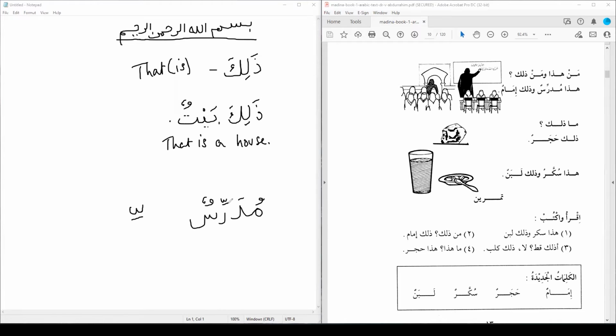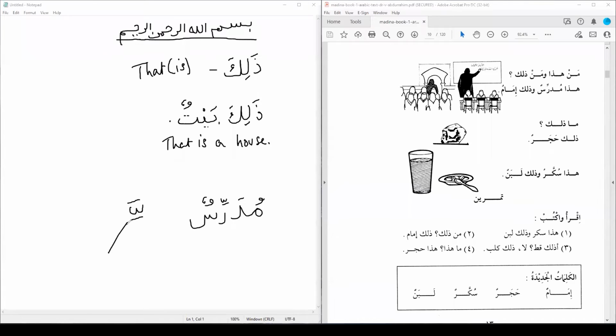So if the haraka is below the shadda, it means kasra. So kasra can go below the shadda, or you can put it under the letter itself. If you put the haraka above the shadda, it means fatha. But if it's below the shadda, it means kasra.